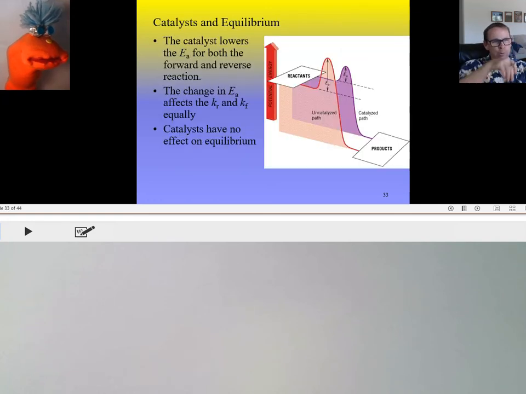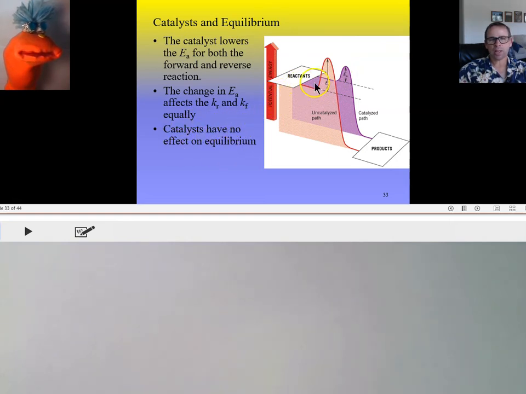Okay. Now, catalysts lower activation energies. We talked about that last chapter. So here's an example of a reaction without a catalyst, and the purple one here is a reaction with a catalyst. The activation energy lowers. But it doesn't change the equilibrium.